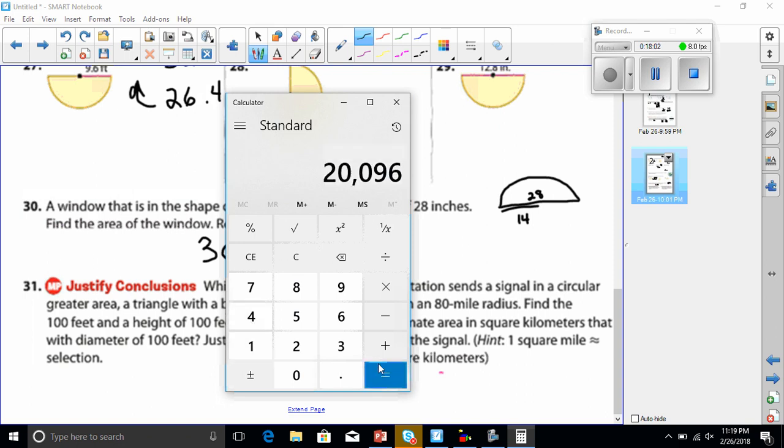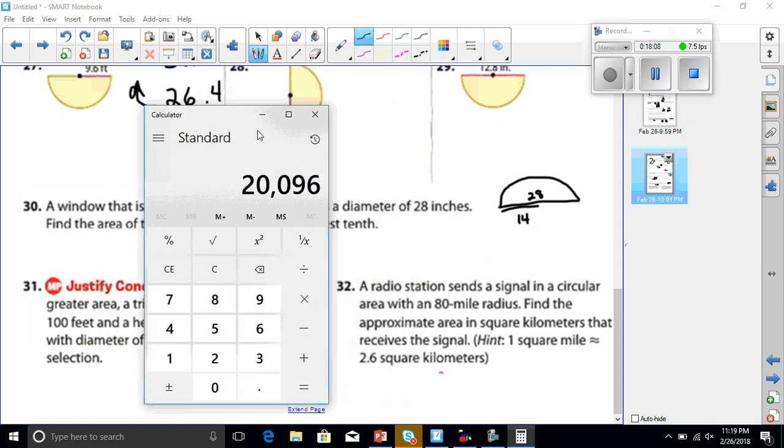And that's the area of 20,096 square miles. Now find the approximate area in kilometers. And remember that 1 mile equals 2.6 kilometers. So that means for every one of these, I have to divide it by 2.6.